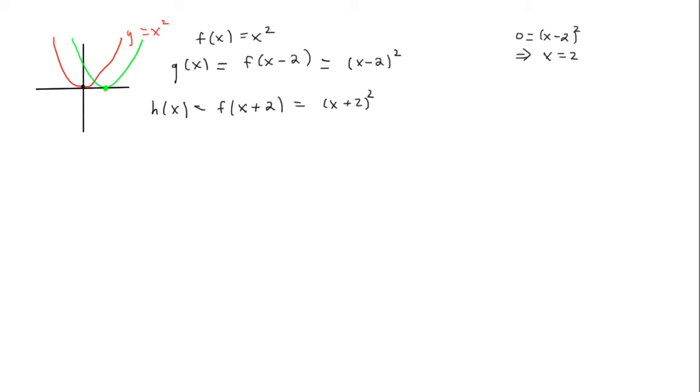That is going to move not to the right, but to the left. And we would have the vertex there at that point, and then get our parabola like so. Okay, so again, moral of the story, horizontal things are backwards of what you'd expect.